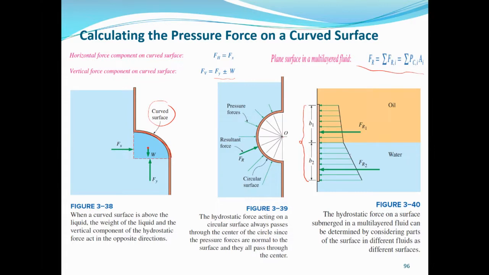This is for water, which is denser than oil in this case, so the hydrostatic force will be higher than that in oil. So we find FR1 and FR2 using the previous principles that we explained, and then at the end we sum these two up, this plus this, to give us the overall resultant hydrostatic force acting on the plate.